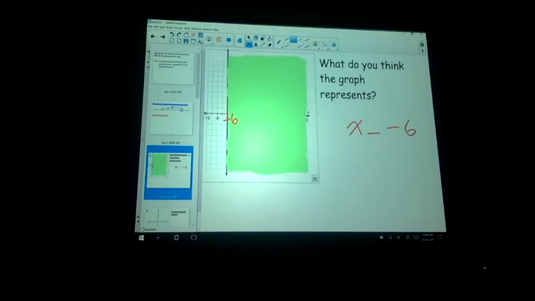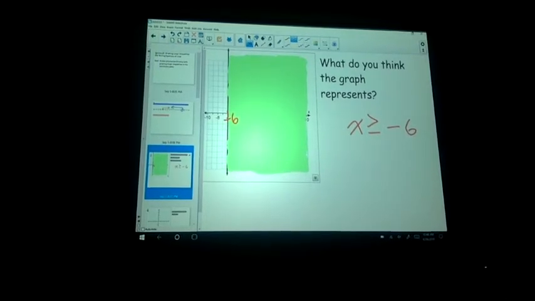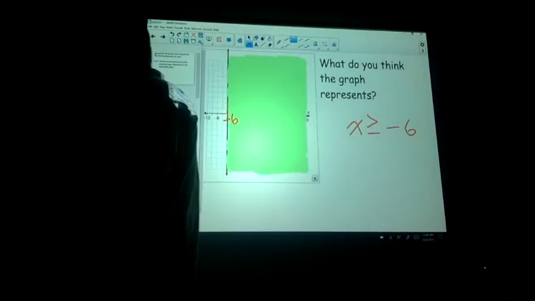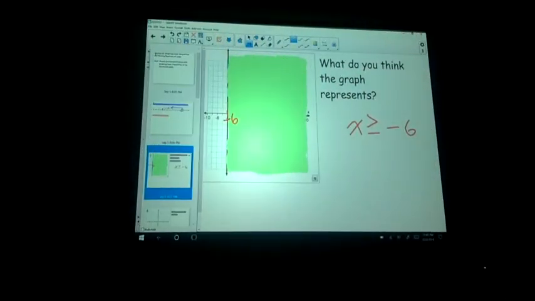So are those values larger or smaller than -6? So x is greater than -6 is our linear inequality off of this. Greater than or equal to, because it was a solid line. That's why the equal to. And the x values you want are larger, so it would be to the right. Is that okay? Can I move on? Okay.